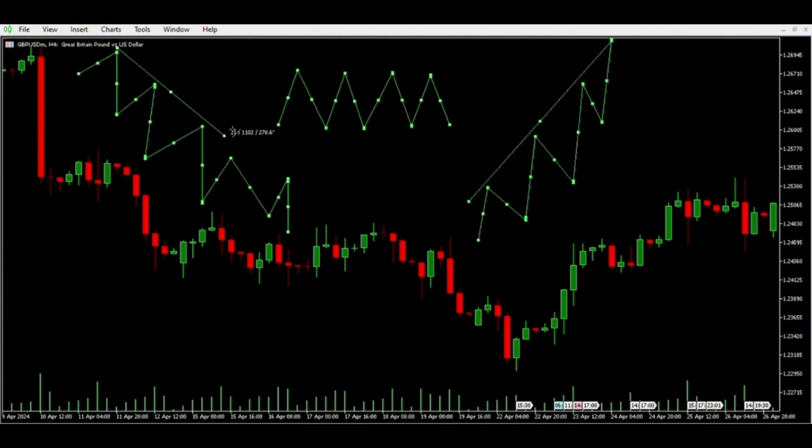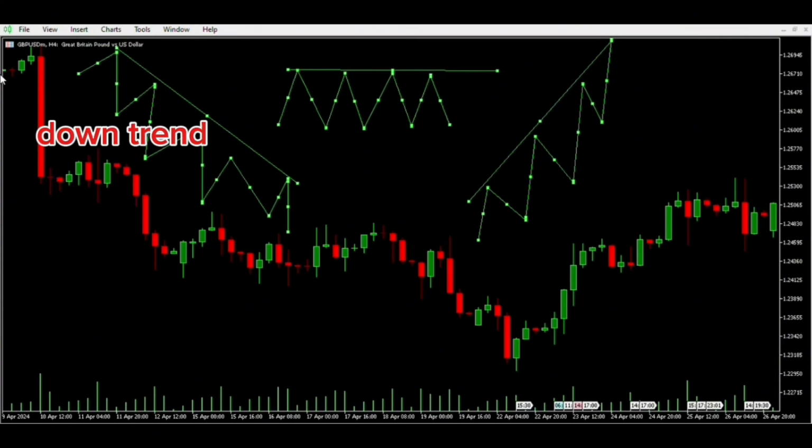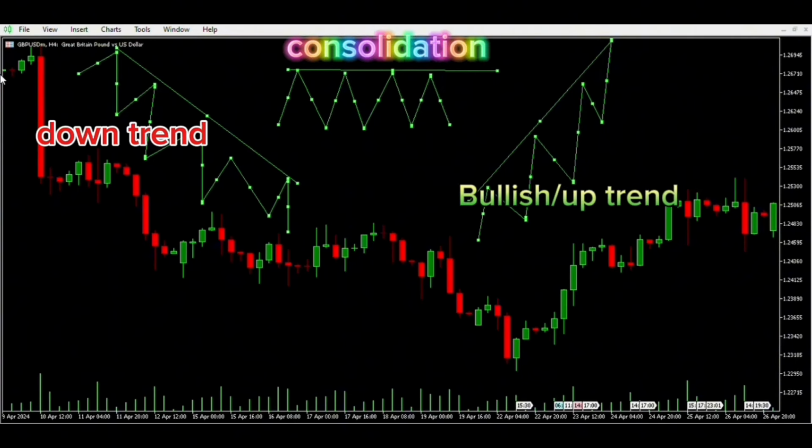I take the change of character as another trend direction on this forex market. So according to me, we have 4 trend direction movements in the forex markets. We have a downtrend or a bearish trend, we have a consolidation trend, and we have a bullish or uptrend.